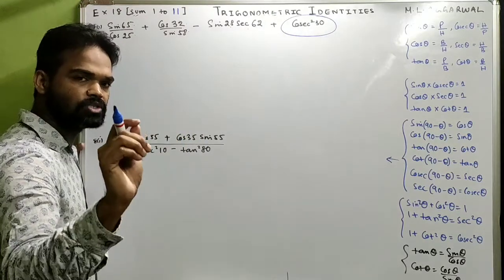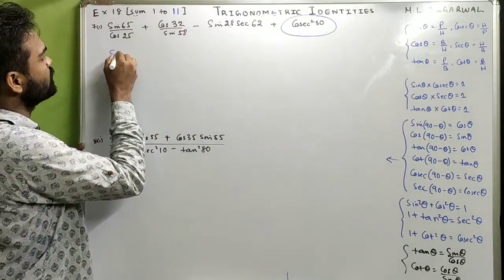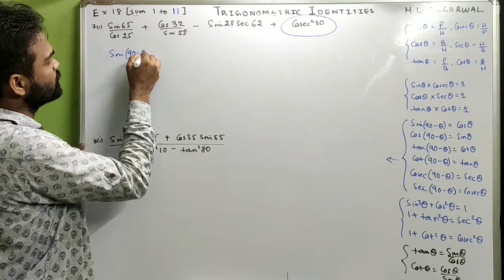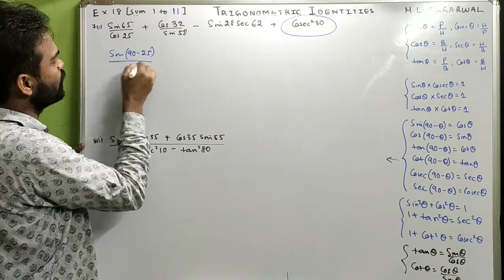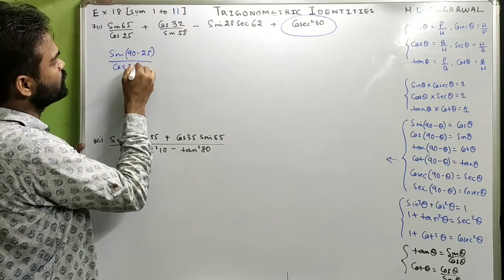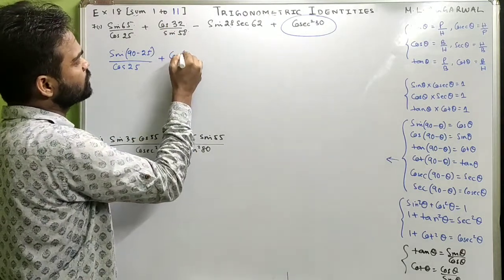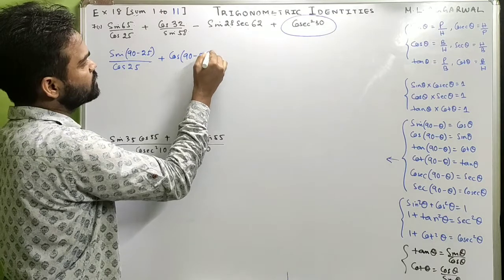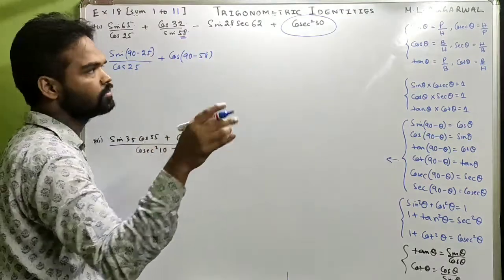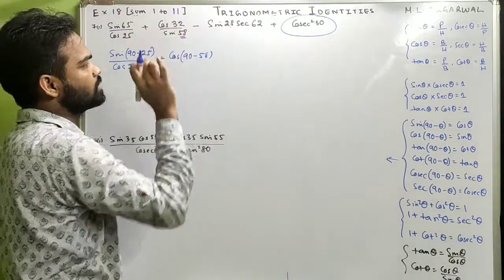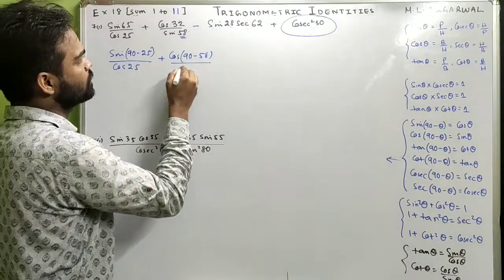My first step, change one of the angles. So I'll write sin 90 minus 25. See, out of the two angles, I changed one angle. Similarly, cos, this I can write 90 minus 58. If you look at the second angle, you know what to do. 58. So 90 minus 58 is 32. Okay.